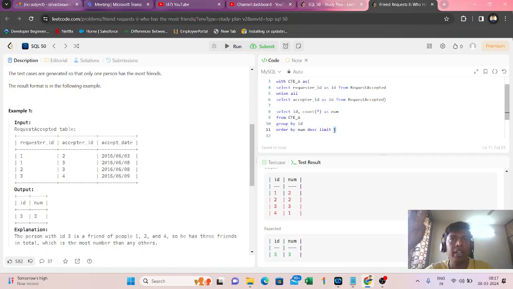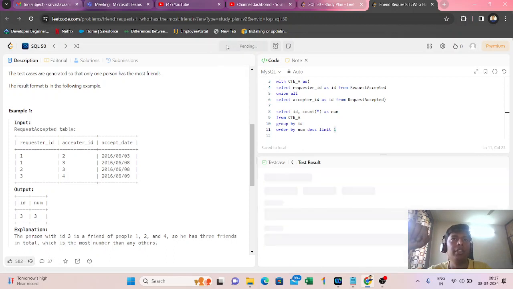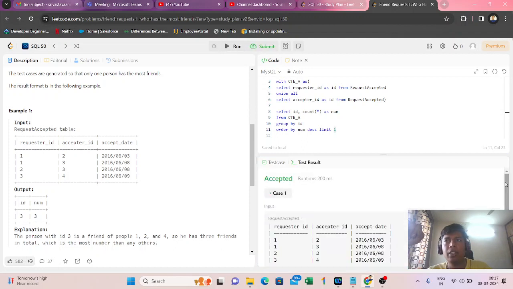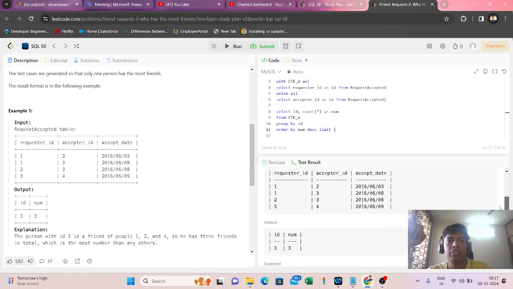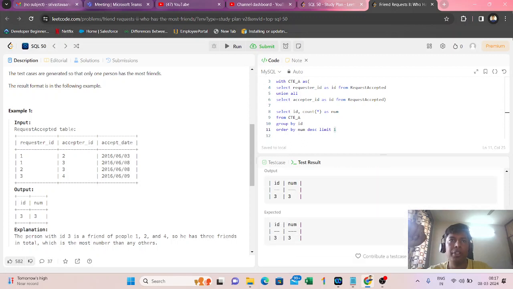So if you do limit 1, it will select only one row from the result set. Order by will make 3 go on top, and limit 1 will select only that 3. Now let us run this query. See, so we have our required output.